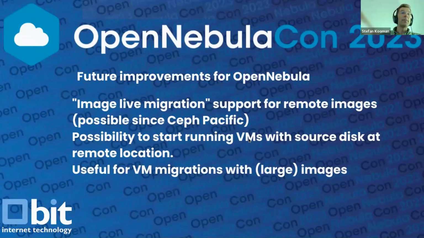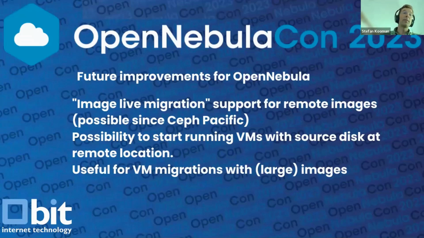So then there are some other future improvements. Ceph specific, there's the possibility to have image live migration, and that's basically that you can start running a virtual machine with its disk still at a remote location. So, for example, an HTTP server somewhere on another provider, and if you want to migrate to your Ceph cluster, you can basically start running the virtual machine.